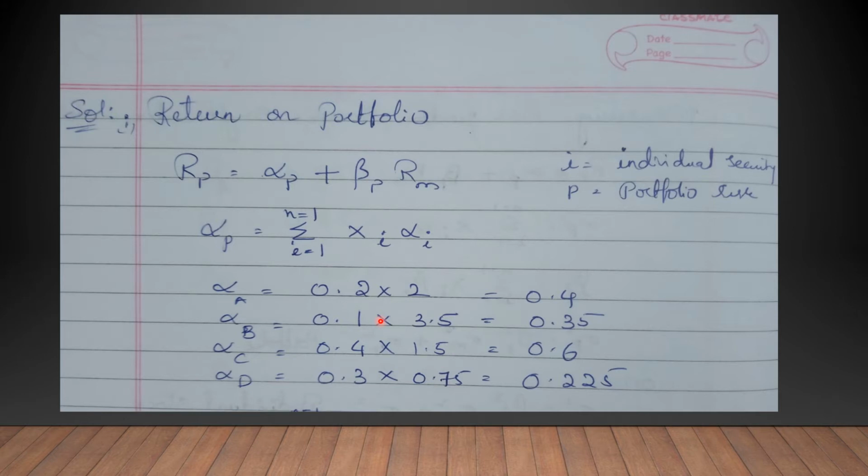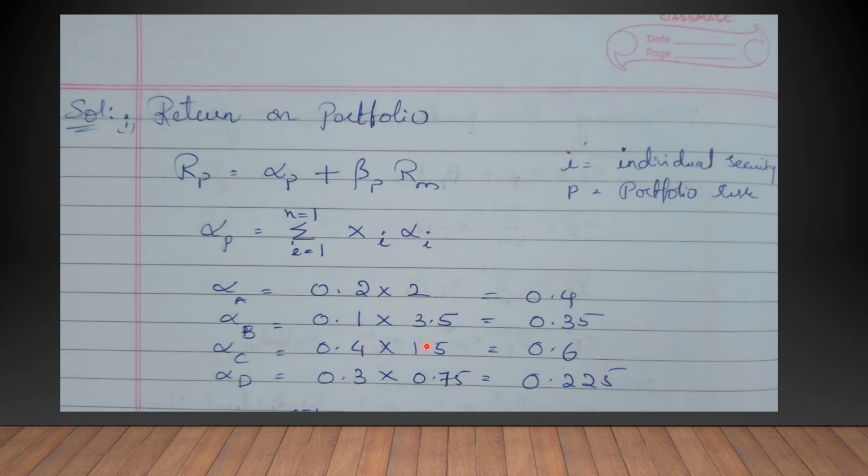Weights are given, that is 0.2, 0.1, 0.4 and 0.3 for the 4 securities, and alpha values are also given. So take those values. Weight into alpha values, that is the return of the individual securities.